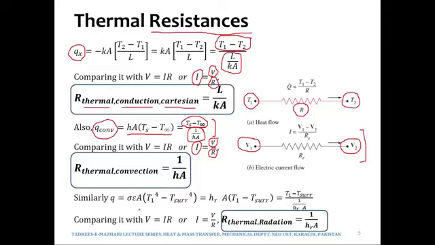Similarly, if we start with the expression for radiation, σεA(T1⁴ minus T_walls⁴) or T_surrounding⁴. If you recall, we had then written it in this form, h_rAΔT, similar to the convection equation. How did we write it?